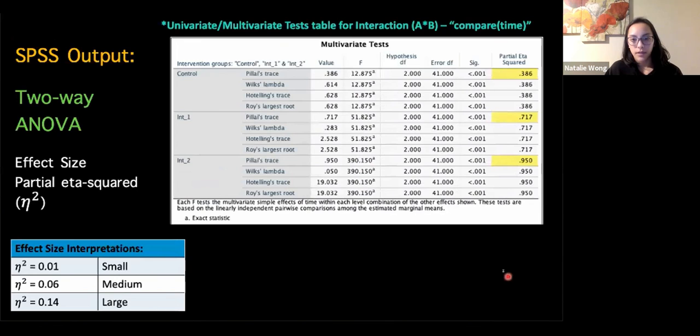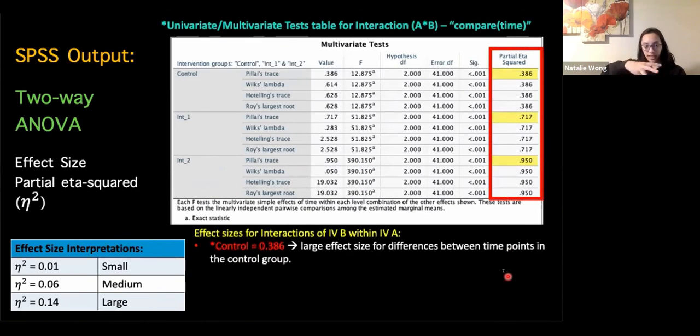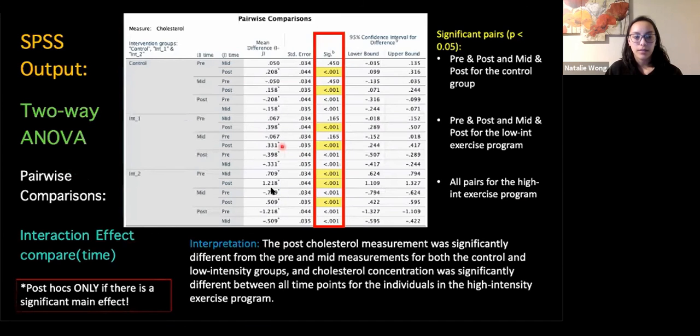All right. Our last set of pairwise comparisons is going to be for the second set. These are our effect sizes. This effect size table was reported underneath the pairwise comparisons table here.